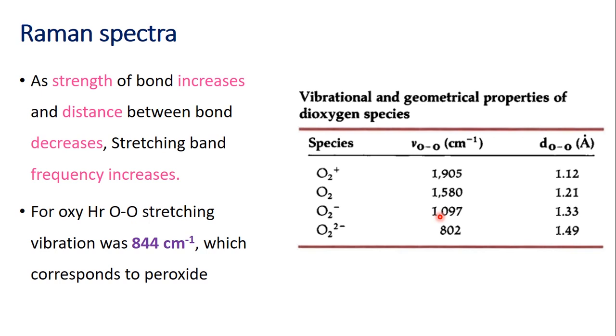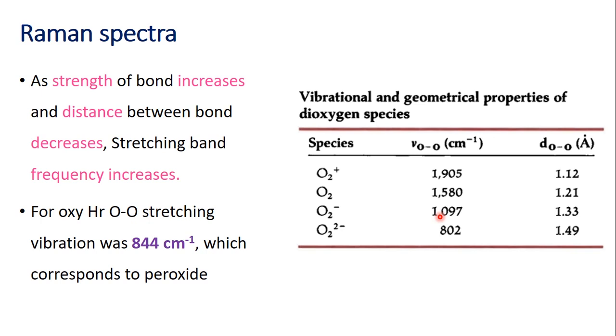If the bond strength is high, the stretching frequency is high, and the bond strength is inversely proportional to bond length. So if the bond strength is high, then the distance between the atoms is very low.